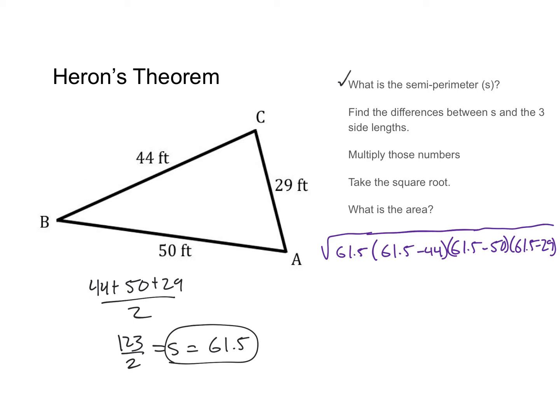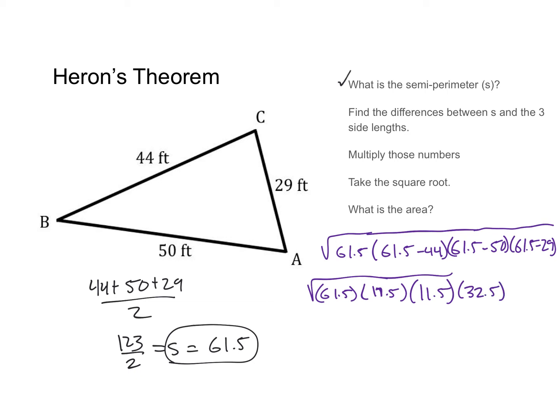So when I do that, 61.5 times 17.5 times 11.5 times 32.5.